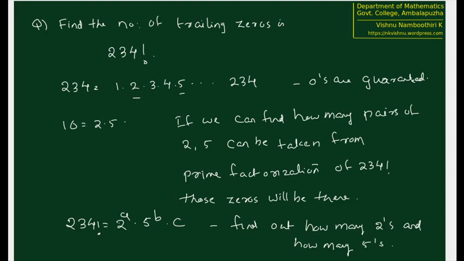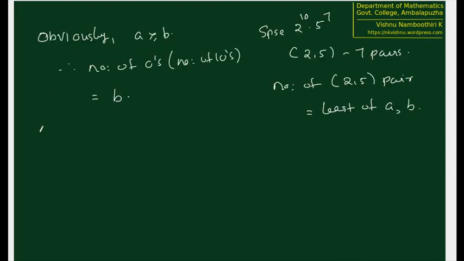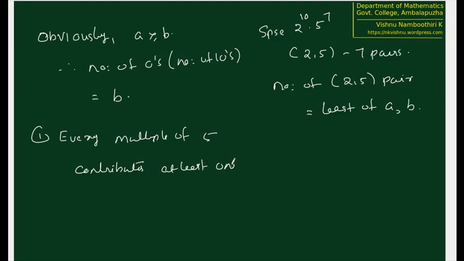Remember that every multiple of 5 will contribute at least one 5 to 234 factorial.